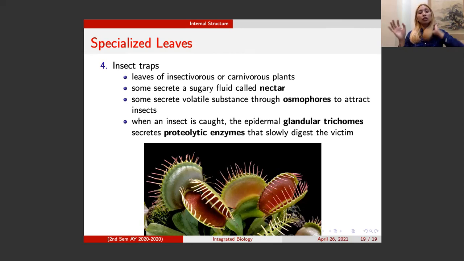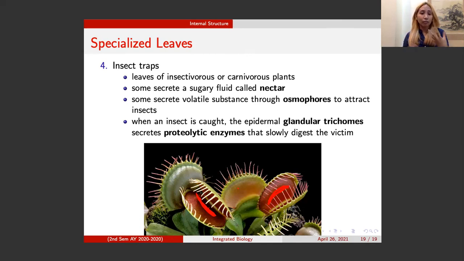So when an insect is caught, no, dito sa gitna nila. Diyan, sa loob na yan. So, pag na-trap yung insect dyan, the epidermis, no, the glandular trichomes in the epidermal layer will start secreting proteolytic enzymes, and they slowly digest their victim.